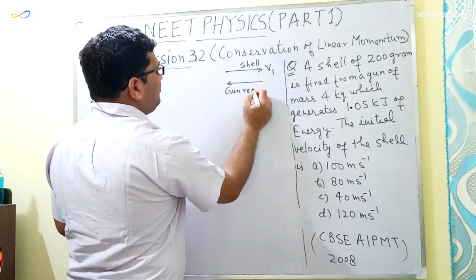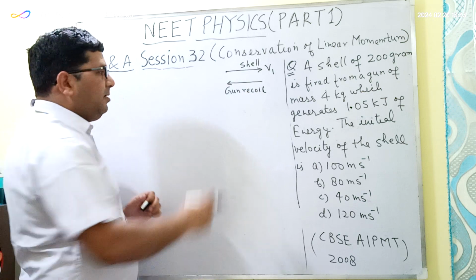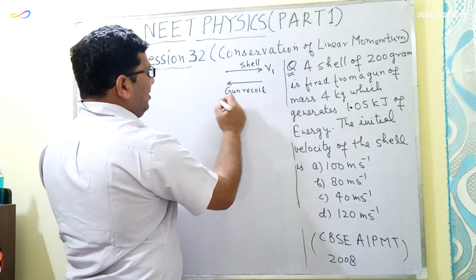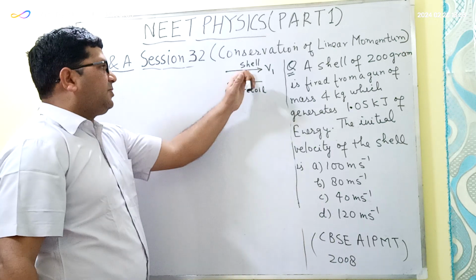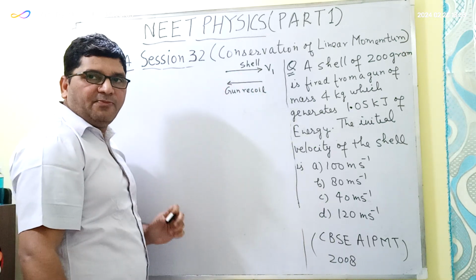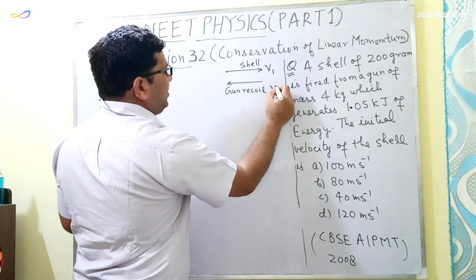So the direction of velocity of gun recoil will be opposite to the direction of velocity of the shell after firing. I am just considering the velocity of gun recoil as V2.